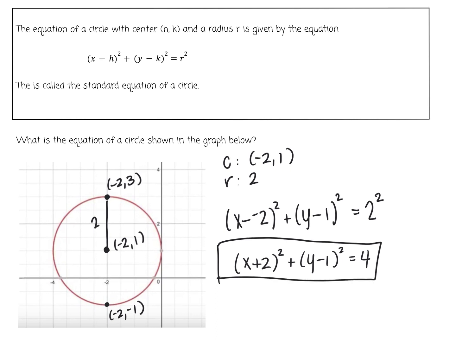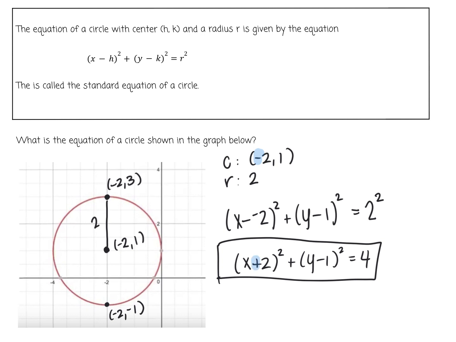So if I were to take this equation and graph it on something like Desmos, I would get this exact circle. So one thing to notice, if you're looking at your points, my x value from my center was negative, so it was a plus inside the parentheses.